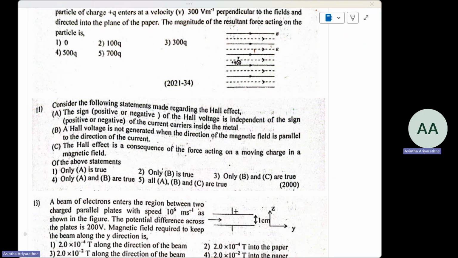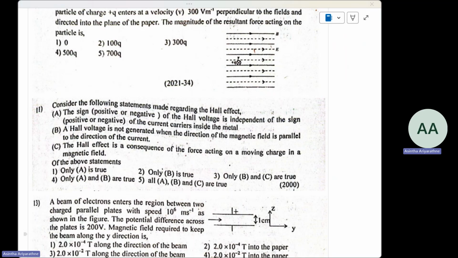If the current carriers are holes, positive charges, with the same magnetic field B and the same current, now the carriers would be shifted upward, so the top would be positively charged.